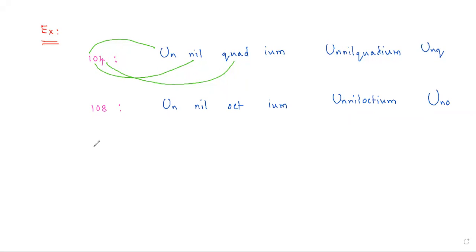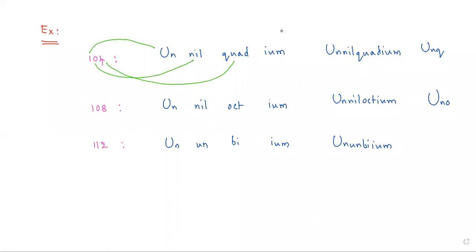Now suppose the atomic number given is 112, how do you write that? Un, bi, ium, right? Now there is some twist here. While writing the name of this, un bi ium, isn't it?